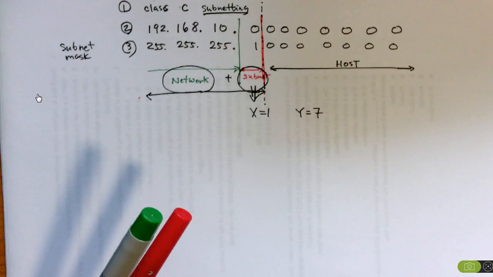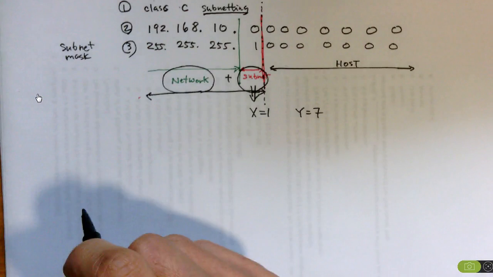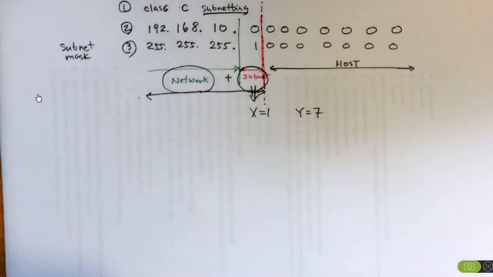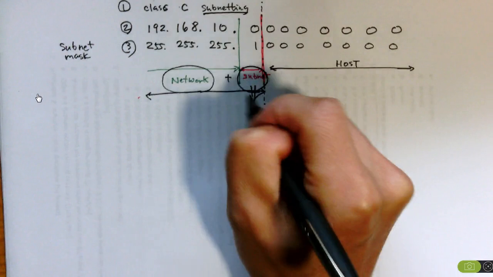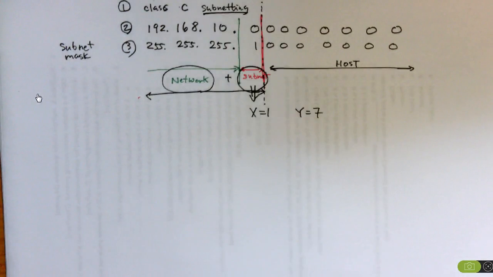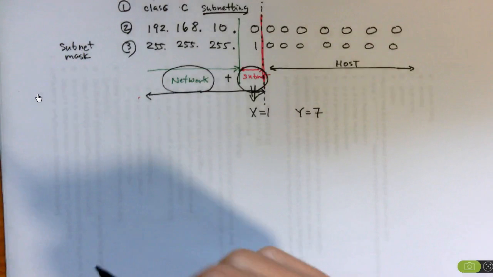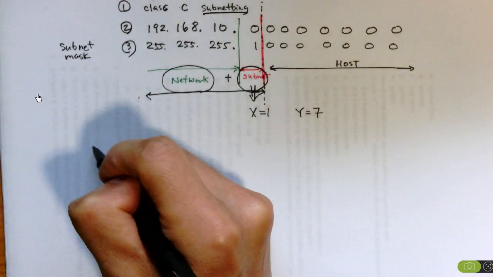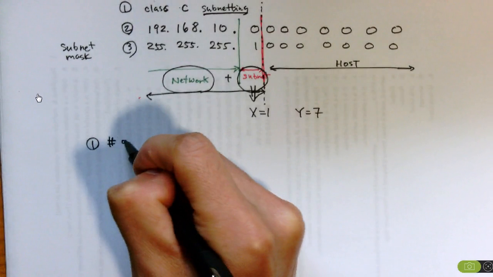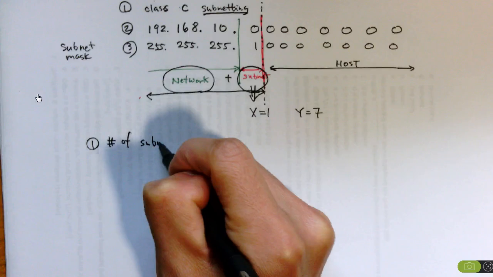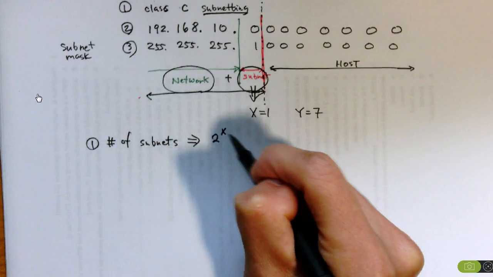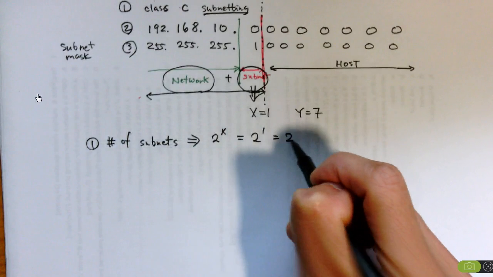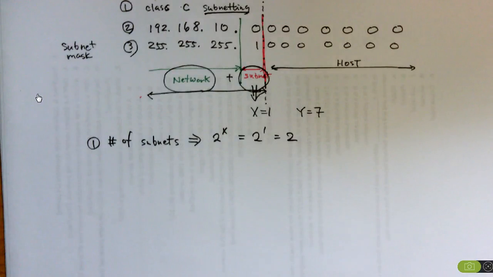The first question is how many subnets. Since we only have 1 bit for subnetting, either 0 or 1, the number of subnets is 2 to the x, which is just 2, because we have only 2 subnets.